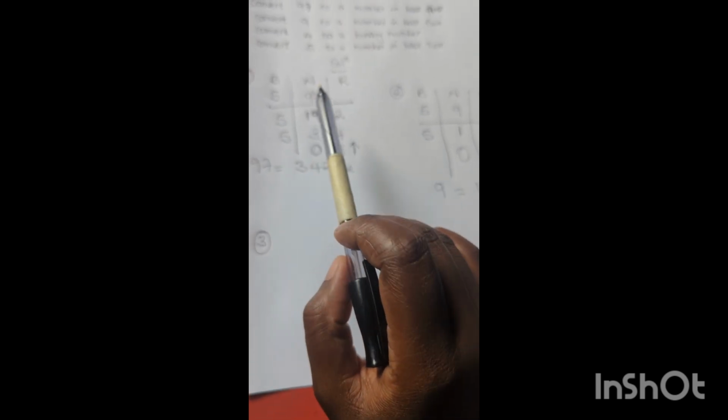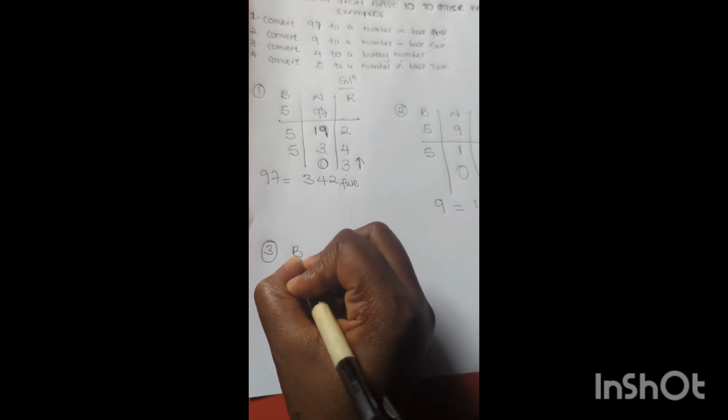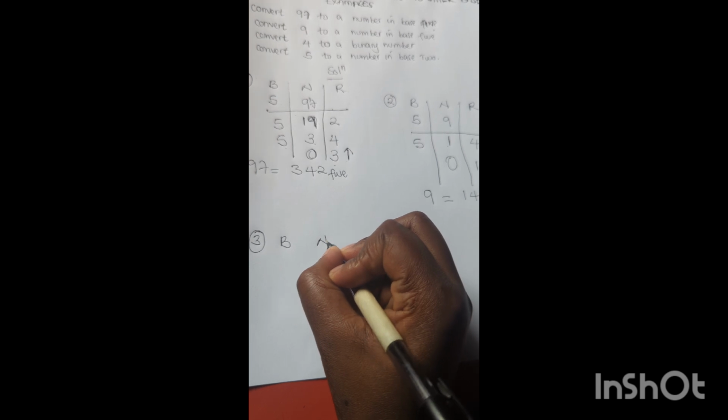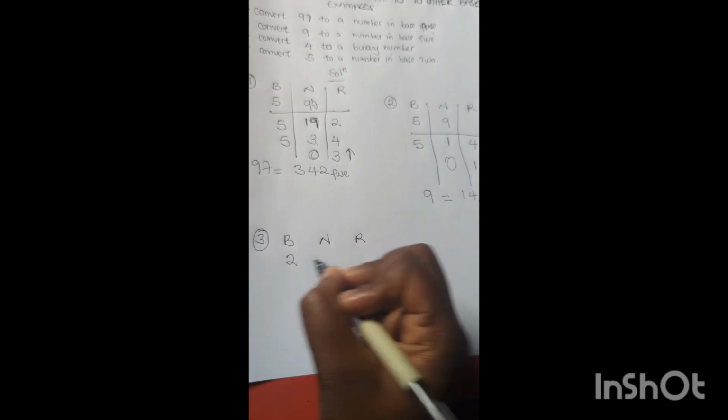It's the same thing you're doing here from base 10 to base 5. You're going to write the base, the number, and then the remainder. So what base are we converting to? Binary is 2. That's what we said. And then the number is what?